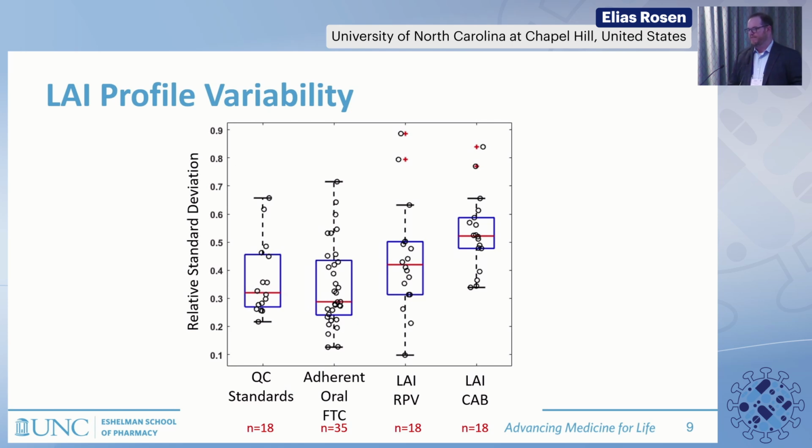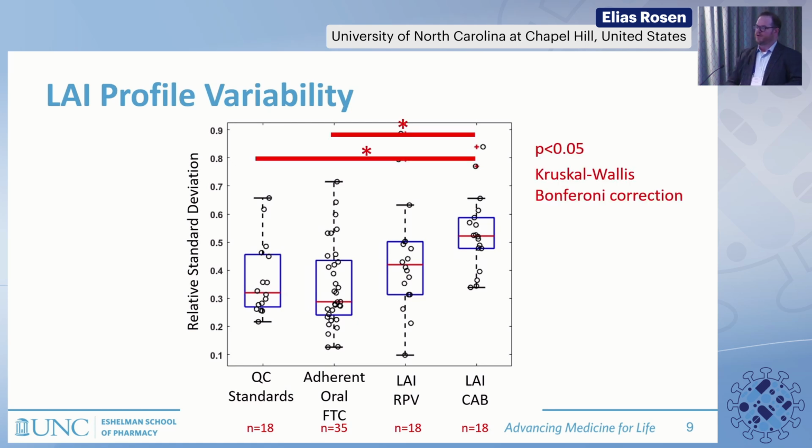The variability that we found in the long-acting cabotegravir and rilpivirine response over the most recent dosing interval was higher on average than the QC standards of the same drugs, as well as profiles of emtricitabine that were evaluated during our Enlighten benchmarking study among individuals that had adherent classification behavior. But it was only cabotegravir in which we found this distinction to be statistically significant.